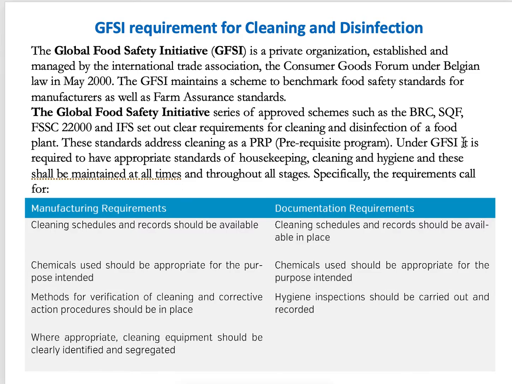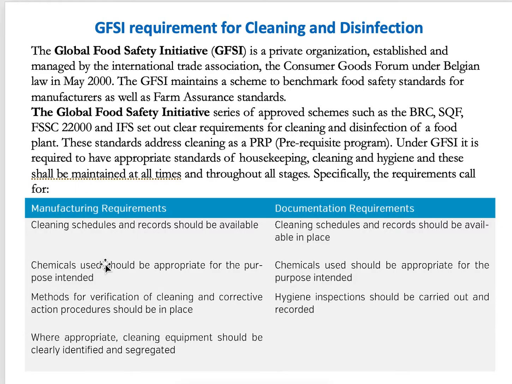Under GFSI, it is required to have appropriate standards of housekeeping, cleaning, and hygiene, and this shall be maintained at all times and throughout all stages. We can categorize these requirements into two categories: one required by the manufacturer, and the other required for documentation purposes.